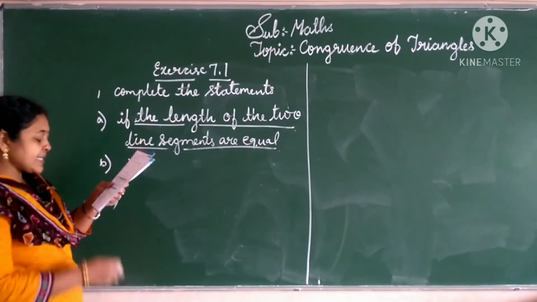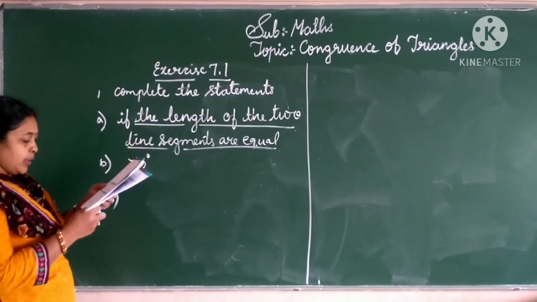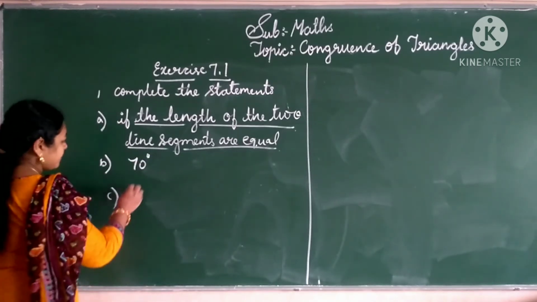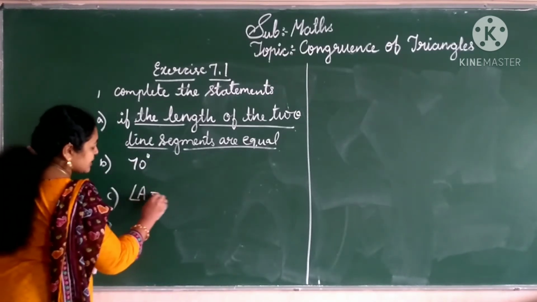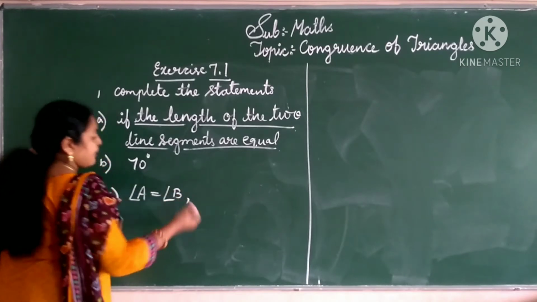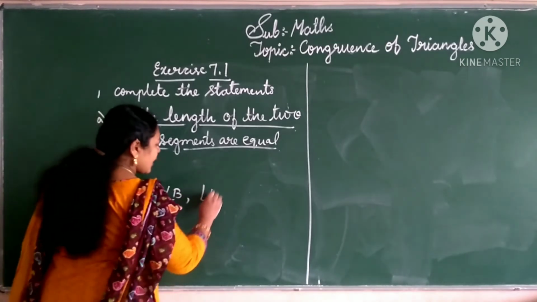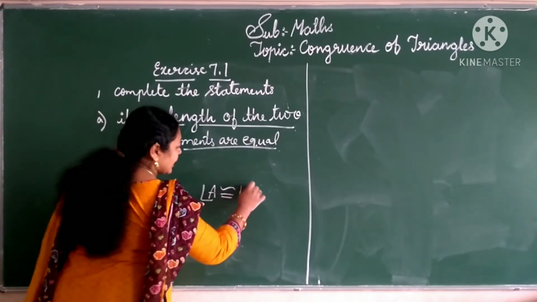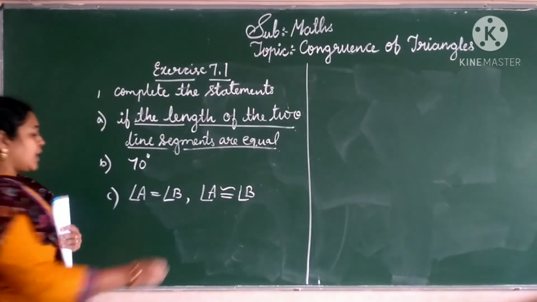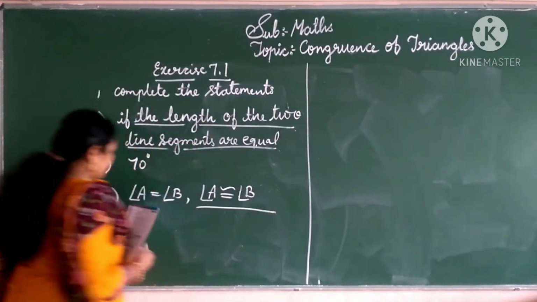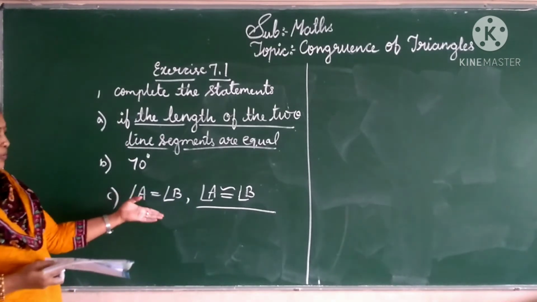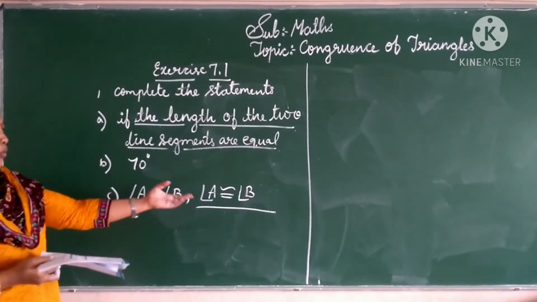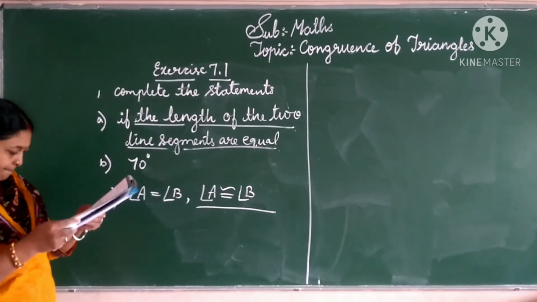When we write angle A is equal to angle B, we mean angle A is congruent to angle B. Here angle A is equal to B means angle A is congruent to angle B.